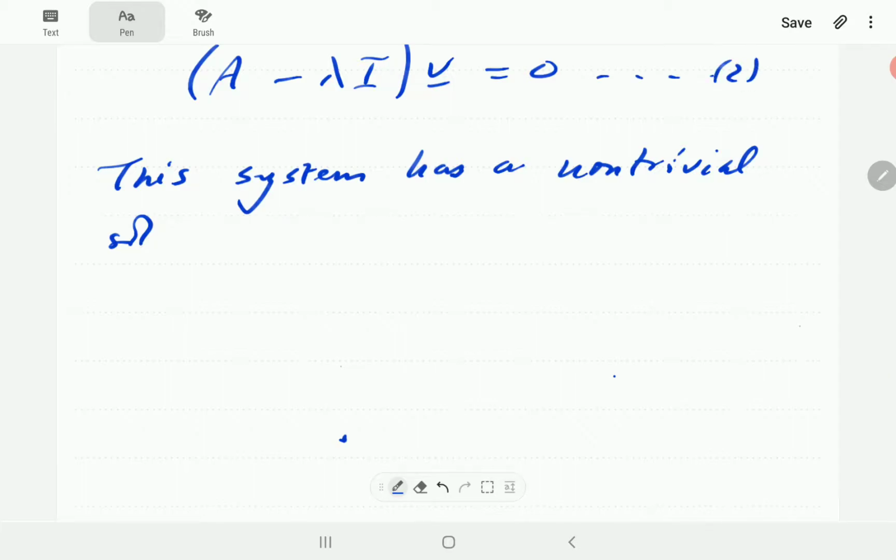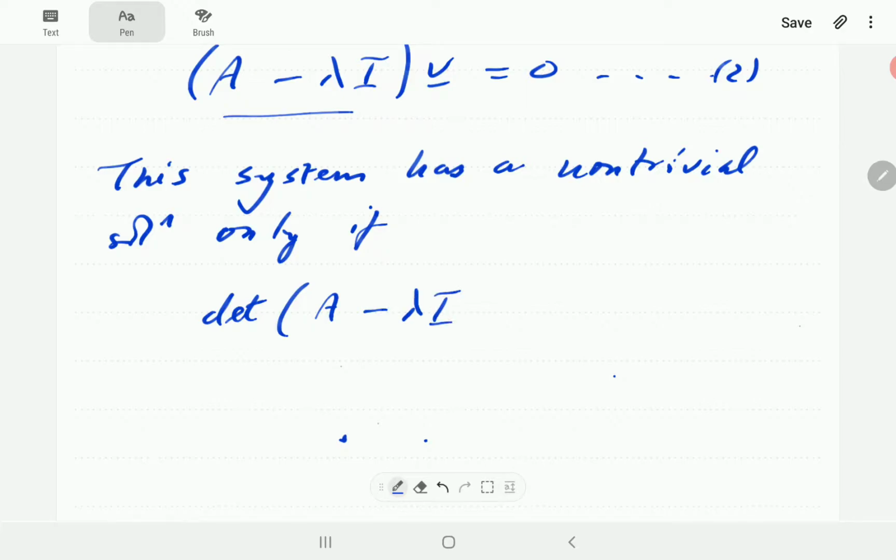The system 2 has a non-trivial solution only if the determinant of this n by n matrix is 0. So the determinant of A minus lambda I is equal to 0.